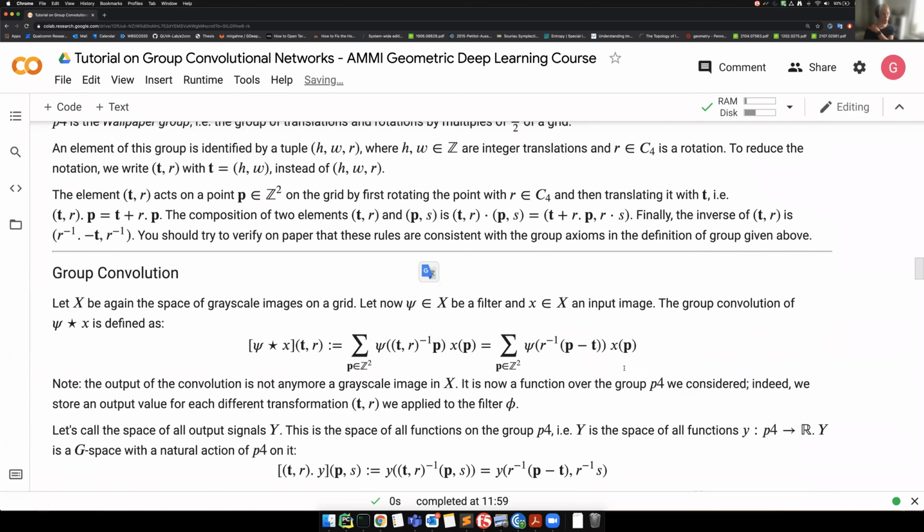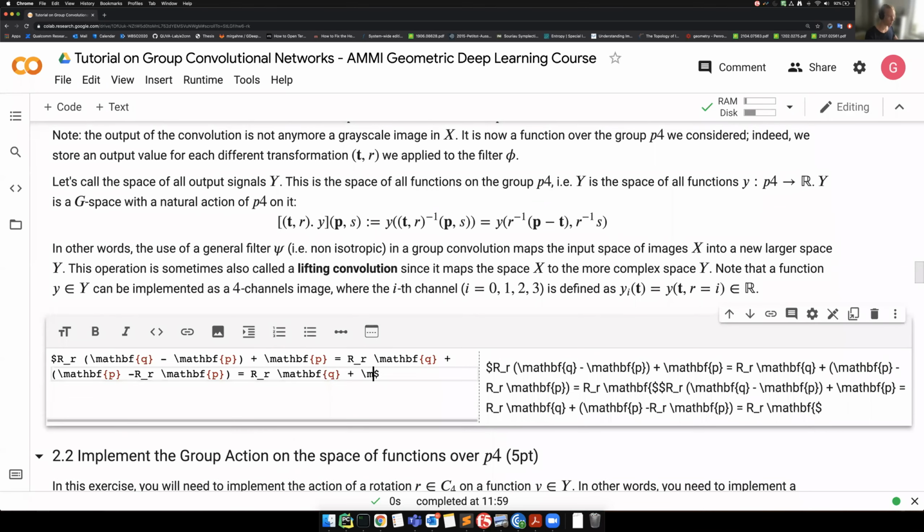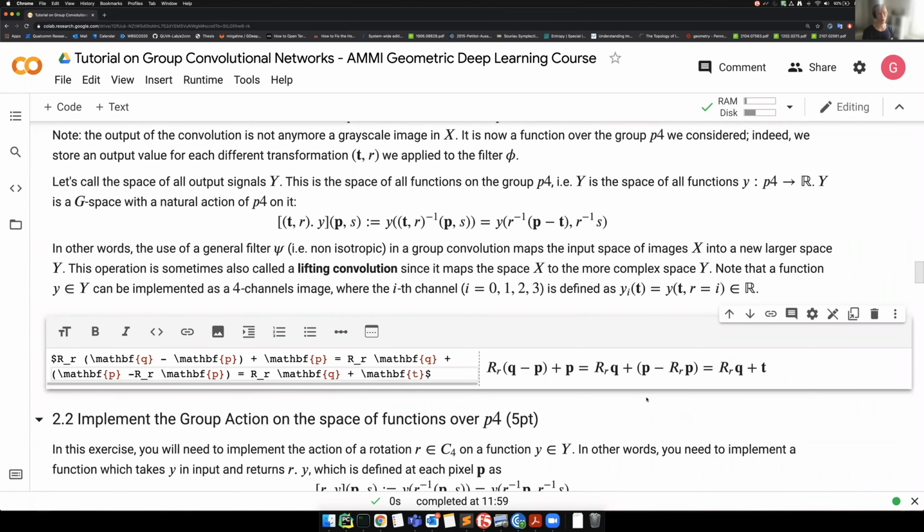Just call this term T, where T is equal to this object. So it's just a matter of applying some change of variables, doing some algebra, but it's still possible. Of course, writing this down every time becomes a bit more complicated. So I just say that my rotations are around the center, and that's it.